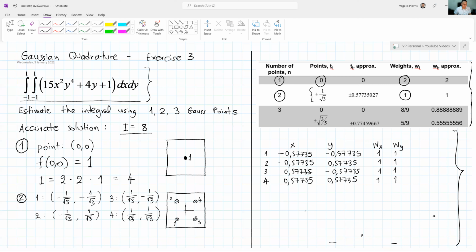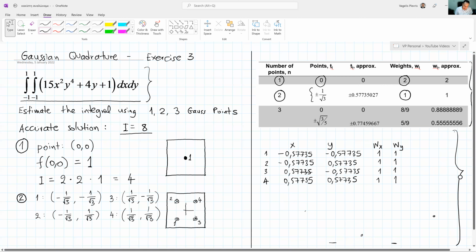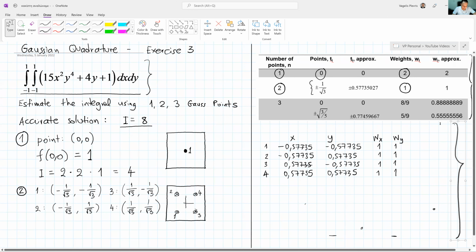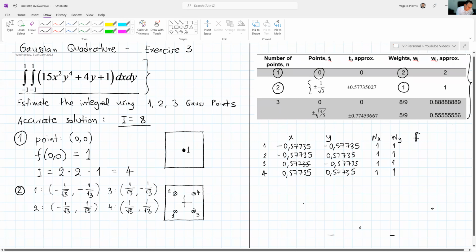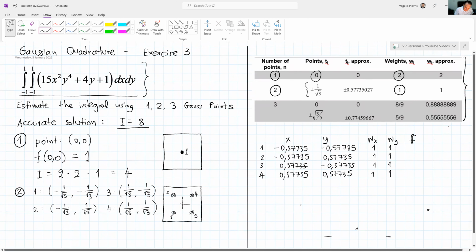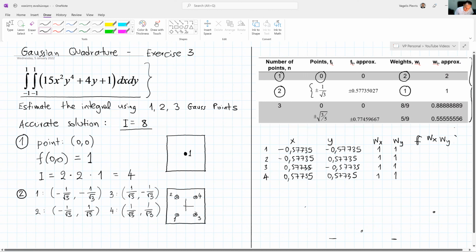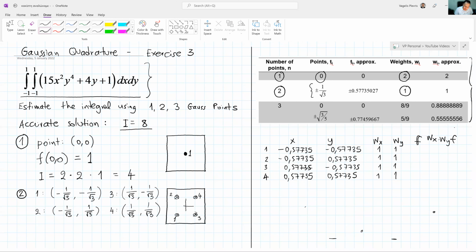And then all I need to do is calculate the value of f at these points, and then the value of wx, wy, and f, applying the weights, which in my case will be exactly the same as before, because the weights are 1.